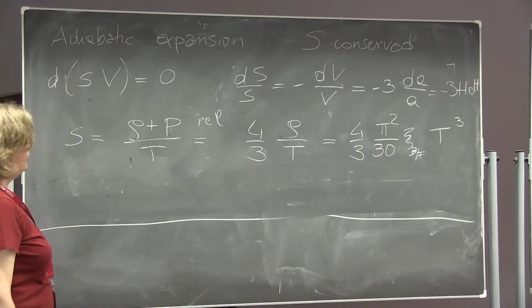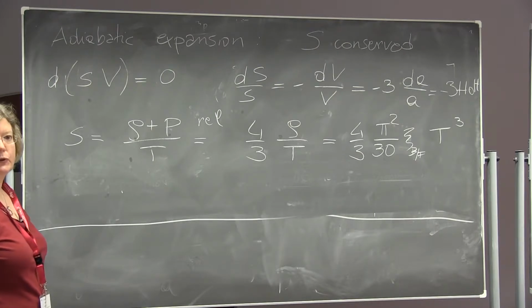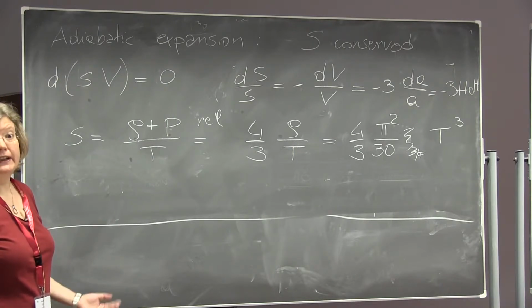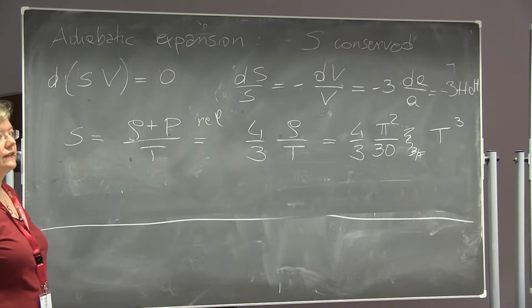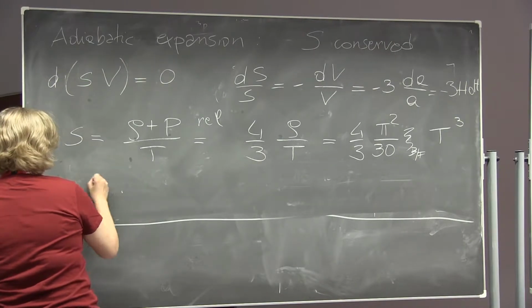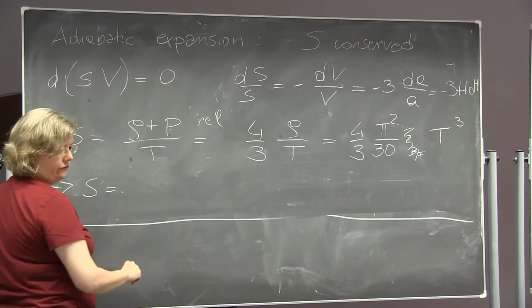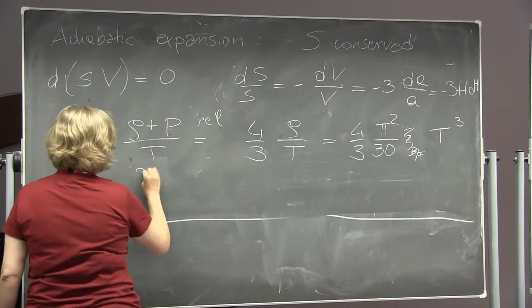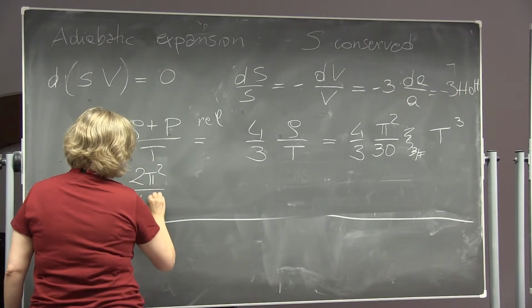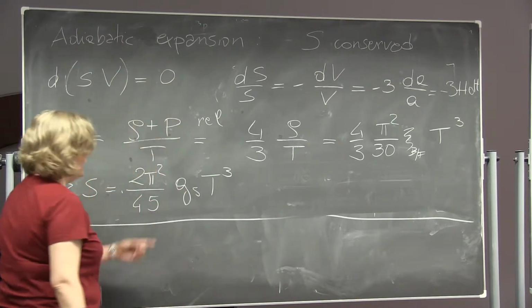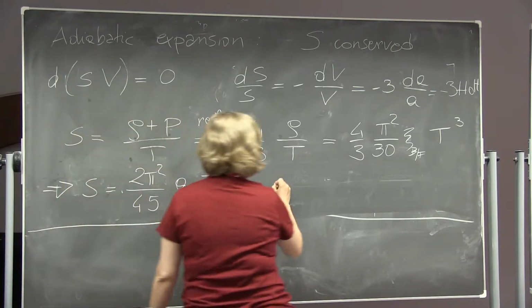Now you can generalize this formula a bit, because this one is for only one single species or one single degree of freedom. In practice, usually you have many degrees of freedom, and one species can have different spin or internal degrees of freedom. This, of course, you also have to take into account. So the generic formula for S is usually written in the form 2 pi squared over 45 g_s T cubed, where g_s counts all the degrees of freedom.